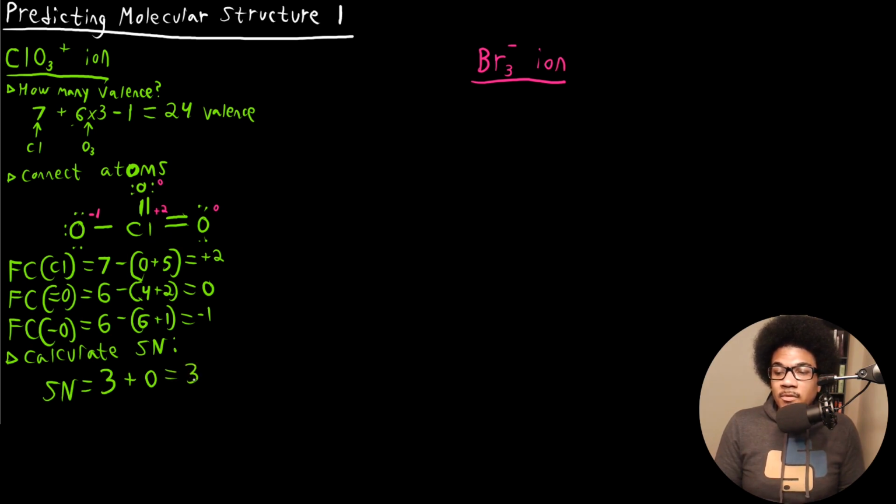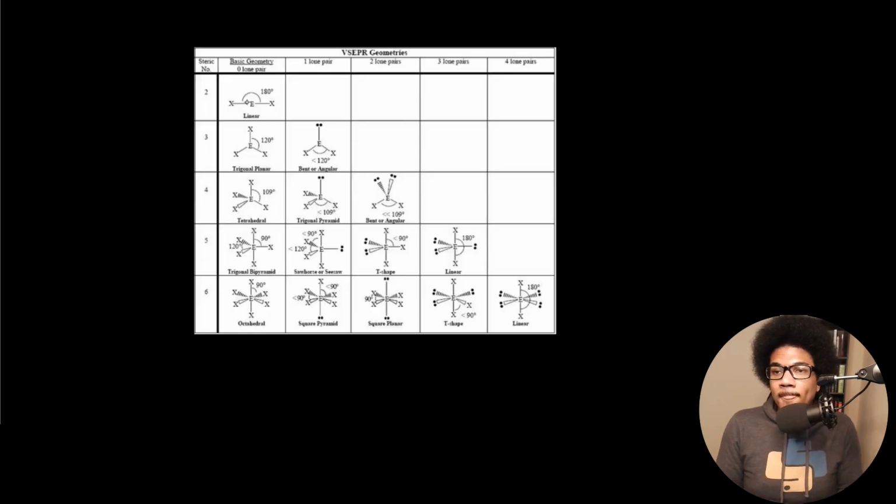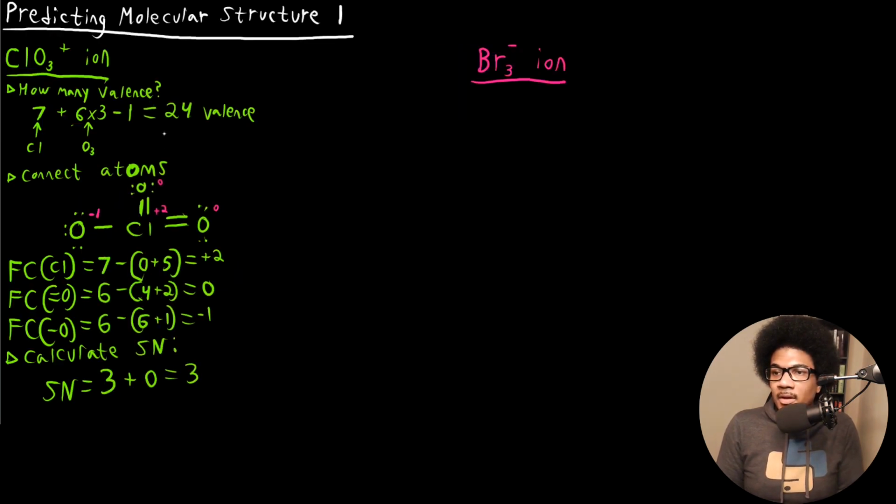So that's going to be a steric number of 3 with no lone pairs. So I've got our VSEPR theory chart here. If we have a steric number of 3 with no lone pairs, then that means that we have a trigonal planar shape predicted by VSEPR theory. So if we were to draw out this ClO3+ ion, then it would look like this.